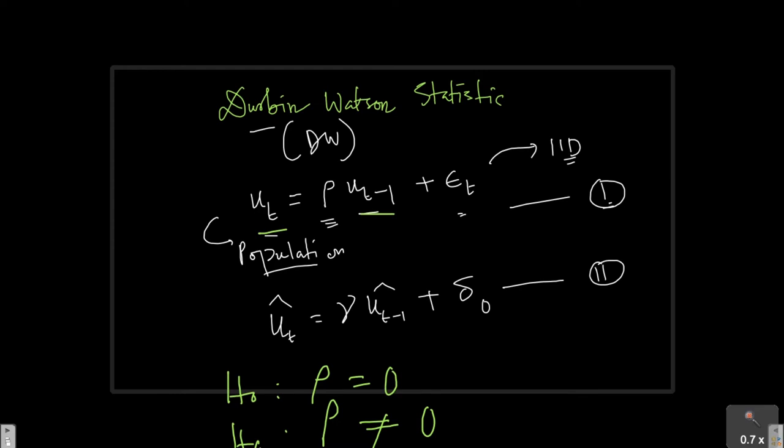All right, so now we know that we cannot estimate rho, we have to estimate gamma. Now how do we estimate gamma? Before I answer that, let me write down what the Durbin-Watson statistic is in the first place.